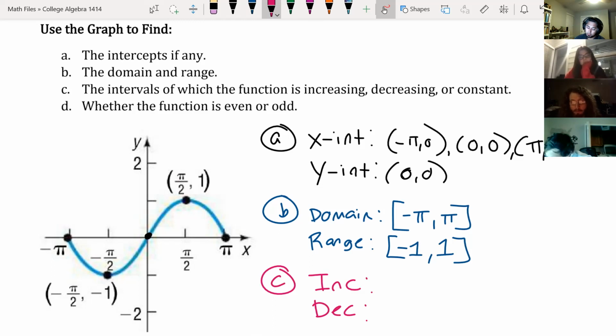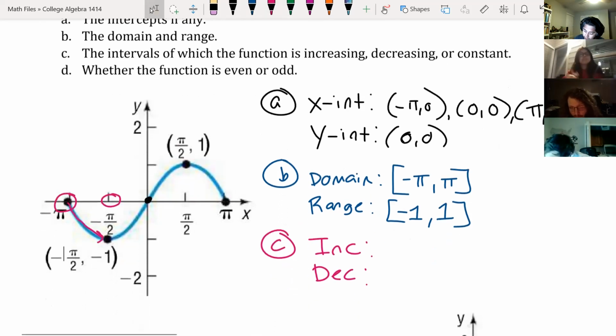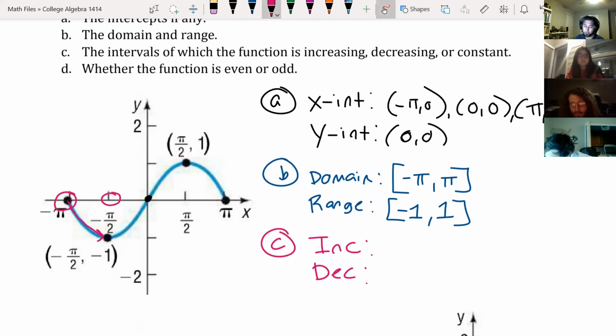So from negative pi to negative pi over 2, what is the graph doing? Increasing or decreasing? We're going down this way, right? So it would be decreasing. We decrease from negative pi to negative pi over 2.